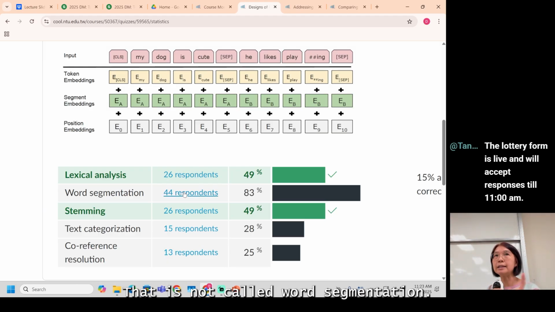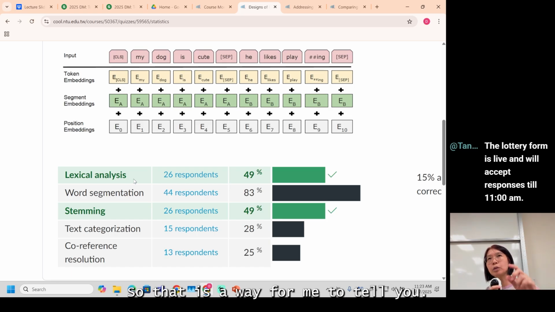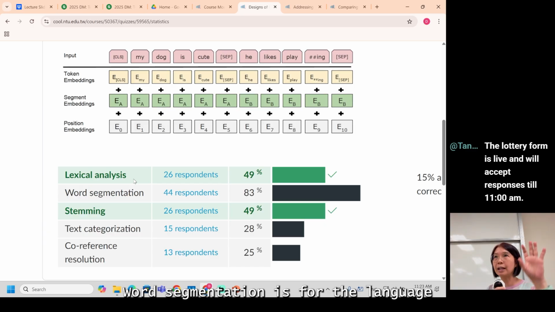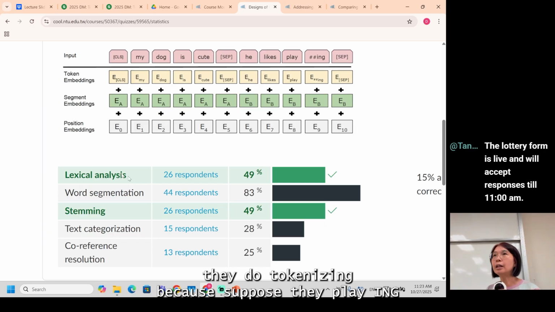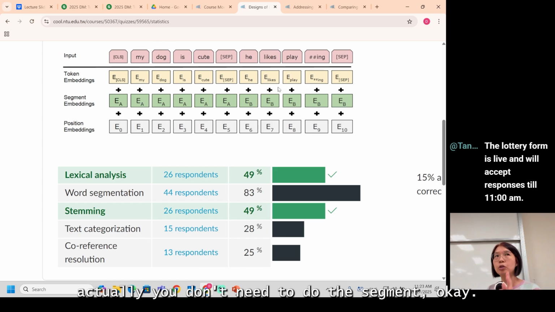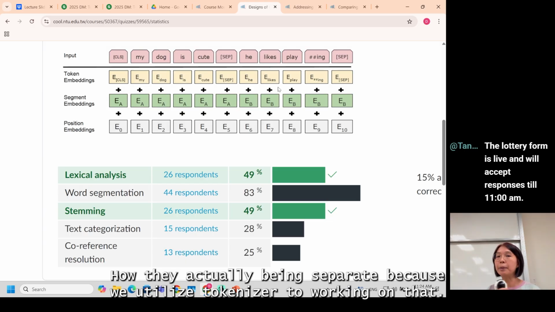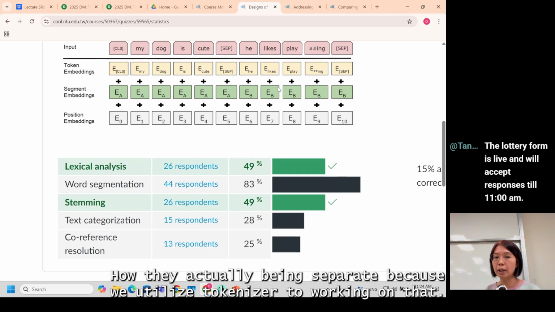Right here, that is not called word segmentation. We call it a tokenizer. We don't call it word segmentation. So that is a way for me to tell you, yes, it looks like a segment, but word segmentation is for the languages that need word segmentation. Right here, they do tokenizing because supposedly play ing actually doesn't need to be segmented. How it is actually separated is because we utilize a tokenizer to work on that.